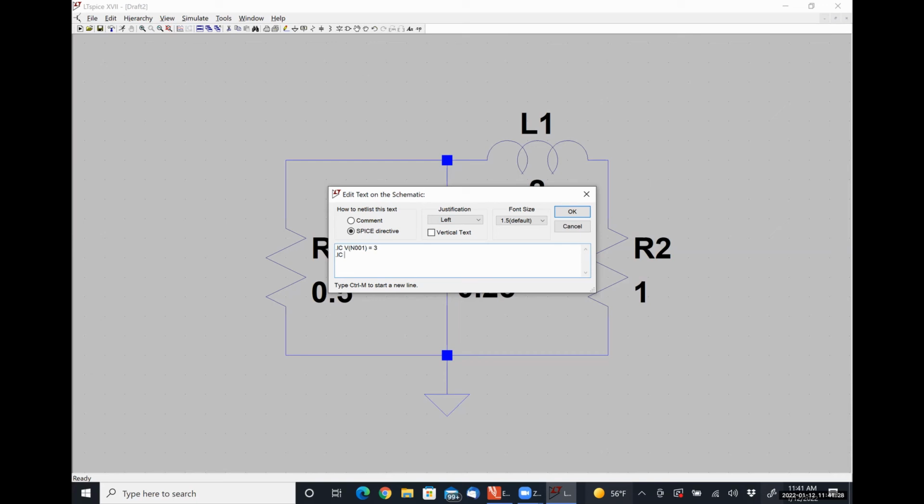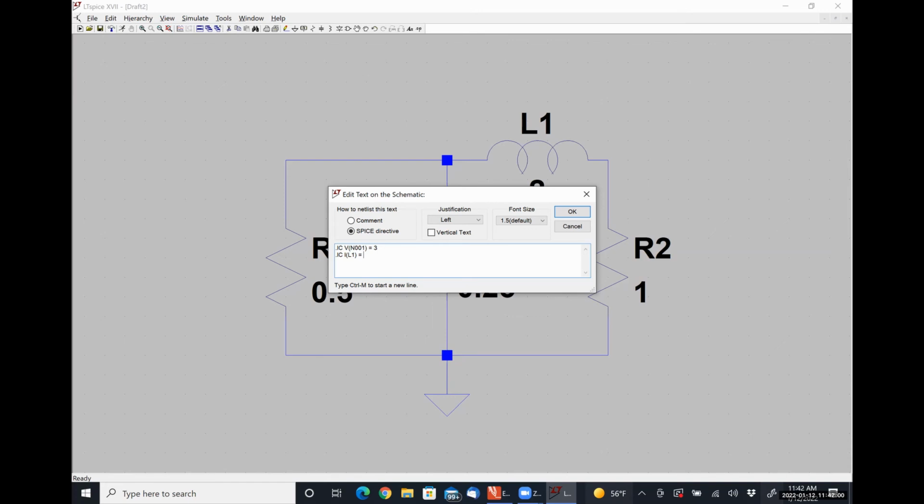So I'll have .IC. LTspice, as we've mentioned before, handles currents only through components. Since there's only one inductor in this circuit, I'm just going to do I for current, open parentheses, L1, because I want the current flowing through my inductor. What was the initial condition on my inductor current, or what was the value of IL at t equals 0? 3 amps.